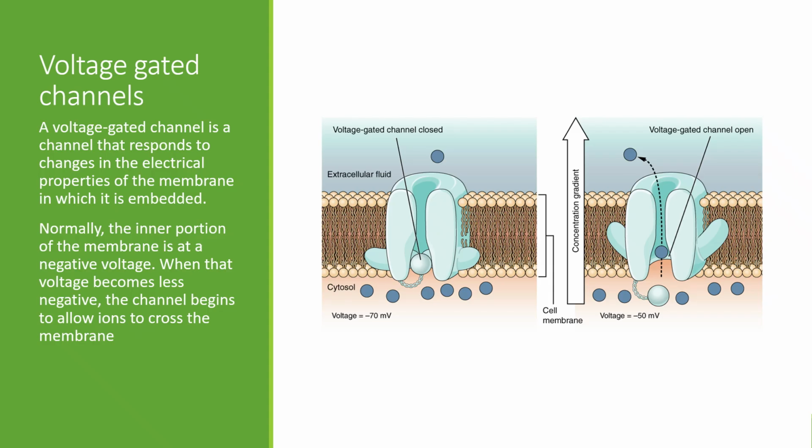Voltage-gated channels respond to changes in the electrical properties of the membrane in which they are embedded. Normally the inner portion of the membrane is at a negative voltage. We looked at that before: the inside of the cell membrane is slightly negative. And when the voltage becomes less negative, the channel begins to open and allow ions to cross. And that's exactly what you're seeing in this picture.